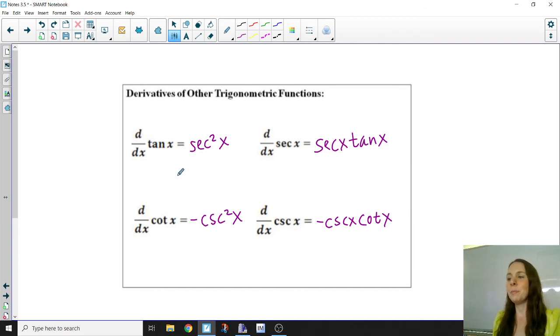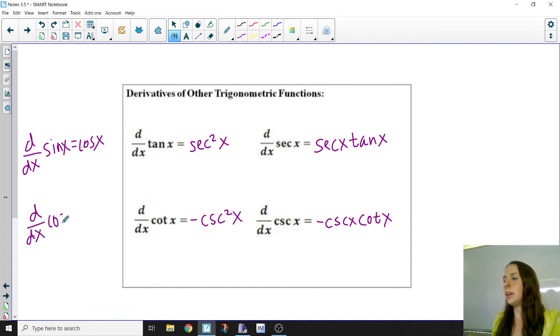So let me put the other ones out here that we already had. The derivative of sine x is cosine x, and the derivative of cosine x is negative sine x. Because I know it feels like it's a lot to remember, I want to show you one little trick that makes it slightly easier, and it's this.